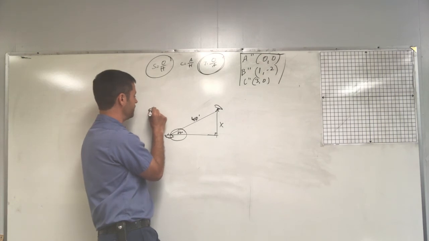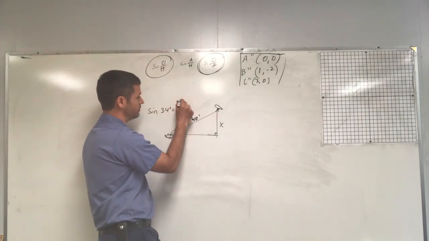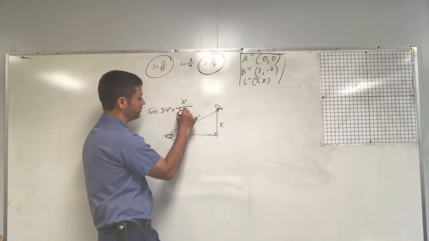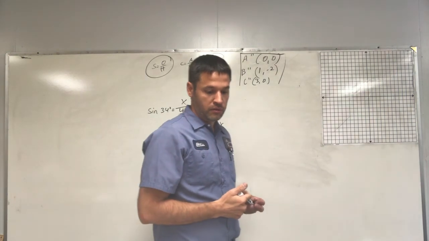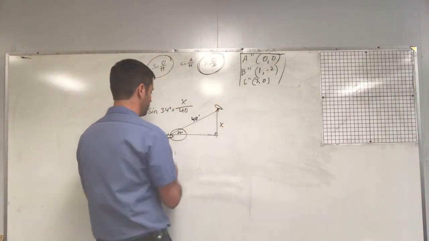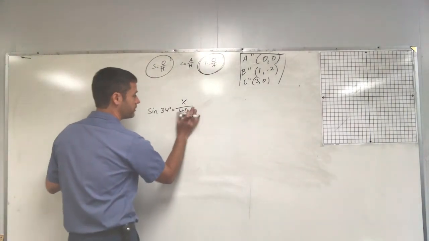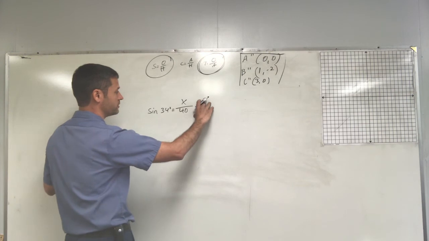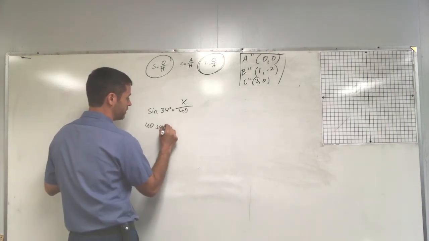So you say the sine of a 34-degree angle is equal to some number over 40. Since you want to solve this problem for x, and it's x divided by 40, take both sides of this equation times 40. So 40 times the sine of 34 degrees.